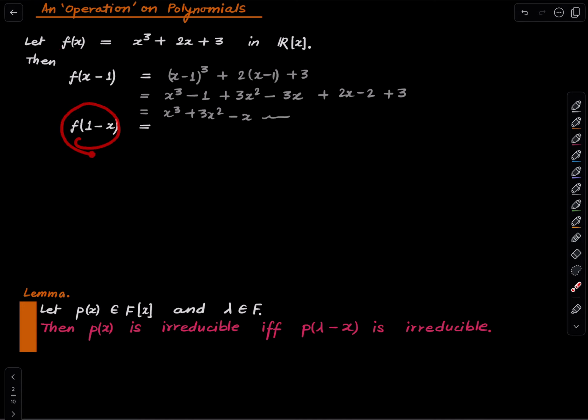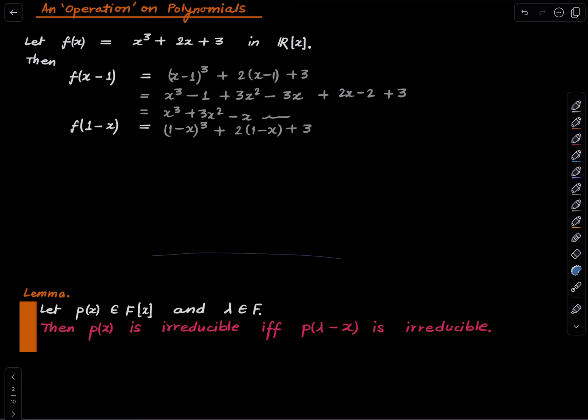Similarly, we can talk about this polynomial, which is what you get if you write 1 minus x in place of x. Again, you expand this out, but this time you'll see that the leading term has a minus 1 rather than a 1, because of this minus x and the odd degree. So the monicness can get disturbed, doesn't matter.